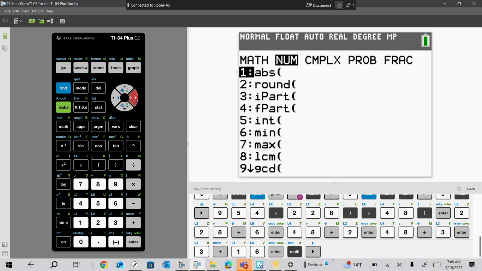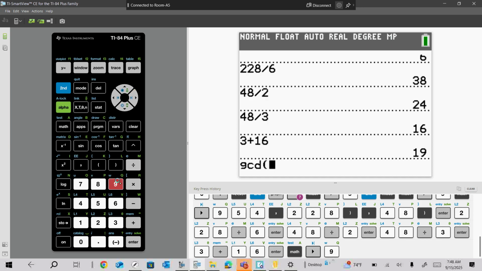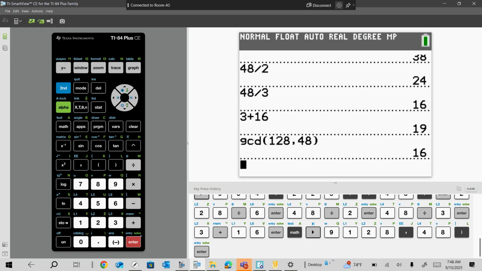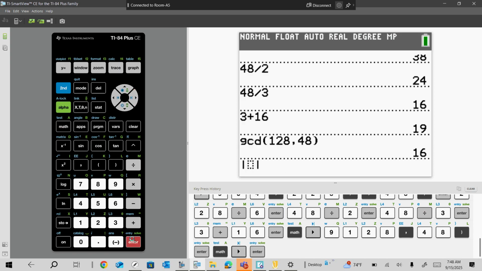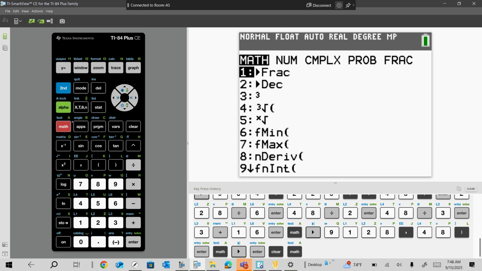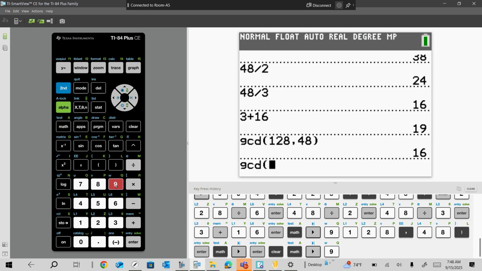and then arrow over to number, pick number 9. We're doing the GCF of the first 2 terms, which are 128 comma 48. We get 16, and then we want to check the GCF between the next two terms. Oops, math error, which is 9, which is 80 and 30.